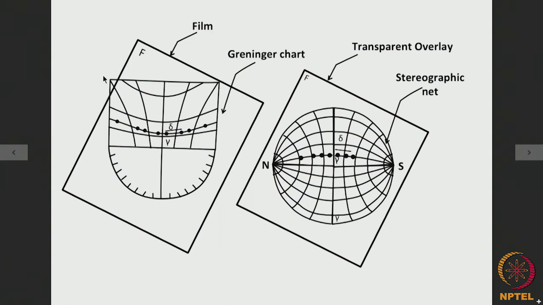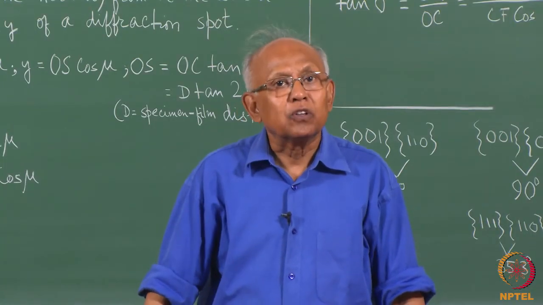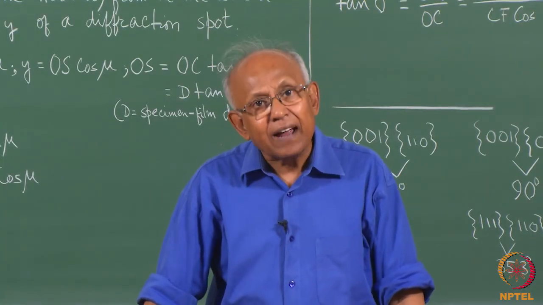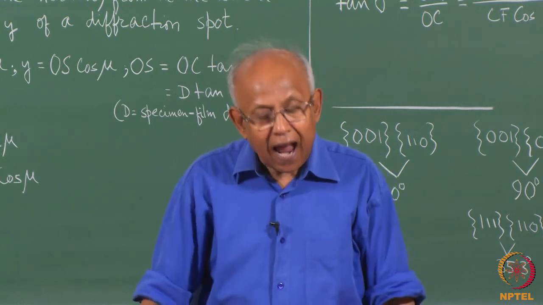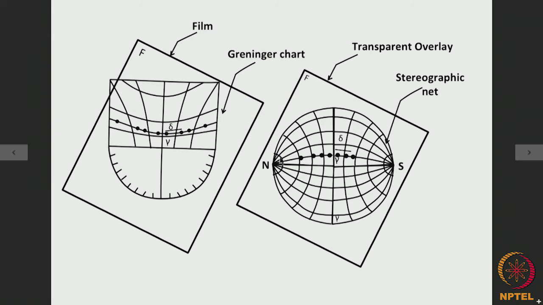Now, when we put the Greninger chart on top of that and measure the values of gamma and delta for the different spots, these gamma and delta refer not to the actual spots, but to the angular parameters of the plane normals for those planes which give rise to those diffraction spots. Those plane normal positions can now be plotted in a stereographic projection.